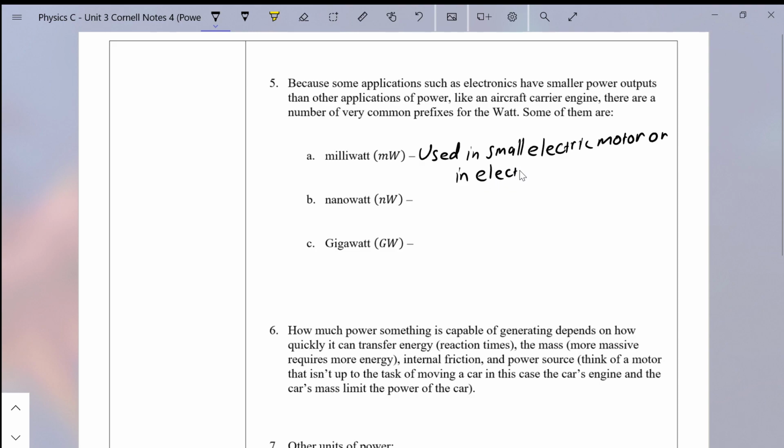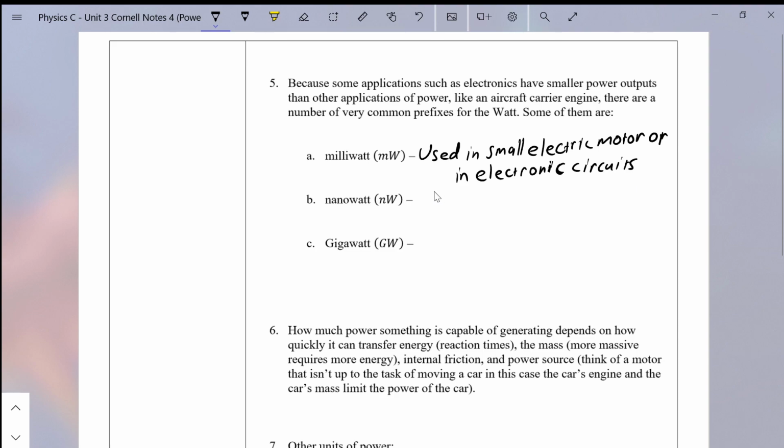So if you are talking about circuitry, you're talking about how much power is in this circuit. Oftentimes for our high-tech devices, it's not very much. And so we use a milliwatt instead of watts or larger units. So it is used in small electric motors or in electric circuits.